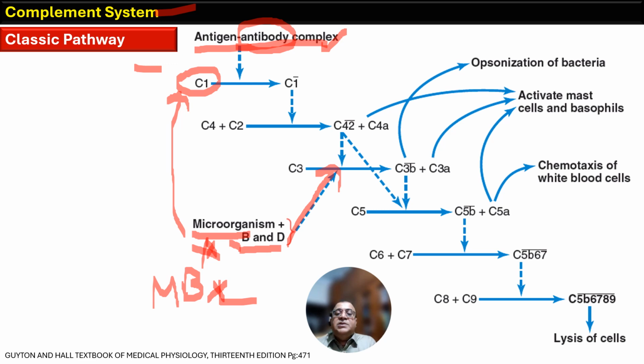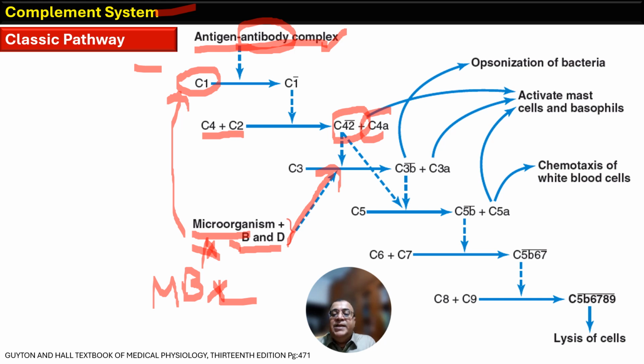So C1 will act on C4 and C2, which will degrade into C4-2b and C4a. C4-2b then divides C3 into C3b and C3a.